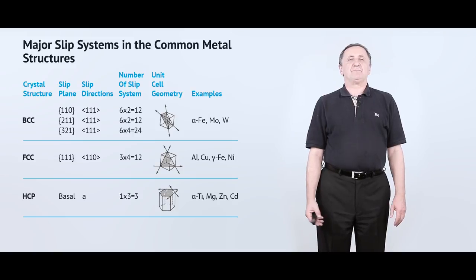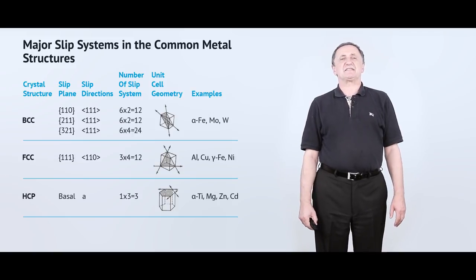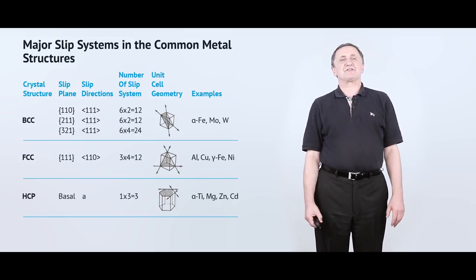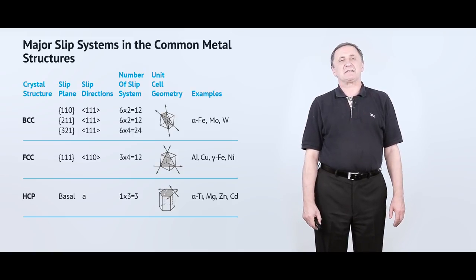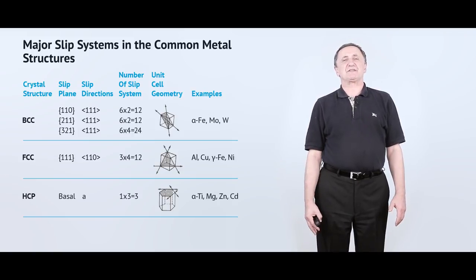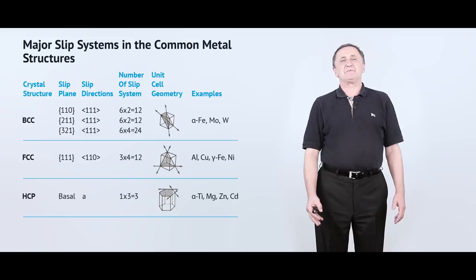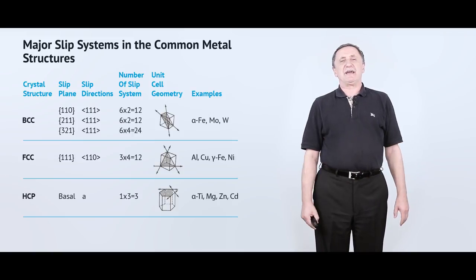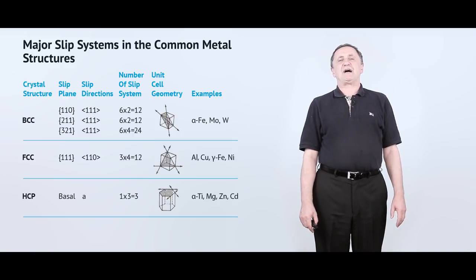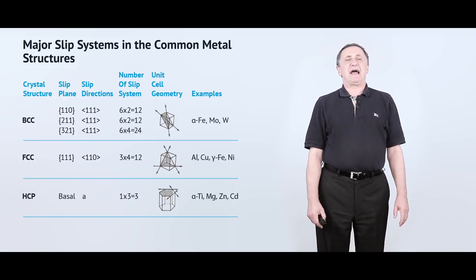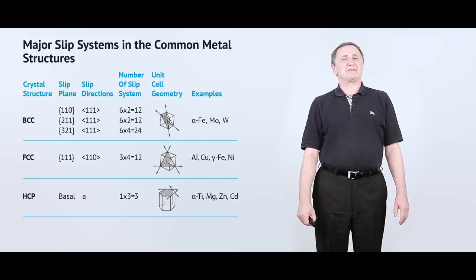Indeed, because the FCC system has the largest number of slip systems, 12, if you remember, we can expect that this material should possess extremely high ductility. It means that it's easy to make a plastic deformation with this material, and indeed, aluminum, copper, iron, and nickel have this kind of crystal structure.